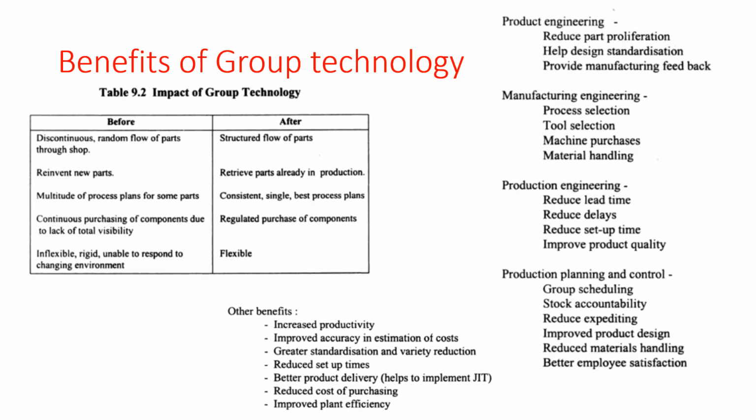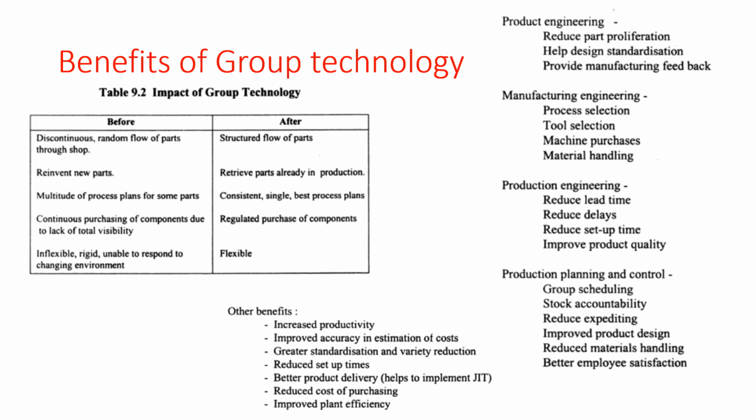Benefits of group technology. Applying group technology in industries, before and after, is mentioned. Once group technology is applied, the flow becomes structured, retrieving paths become possible, and the process is consistent. Single and best process plans can be achieved, along with regulated purchase of components, and the process is flexible.